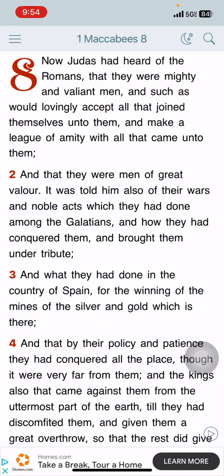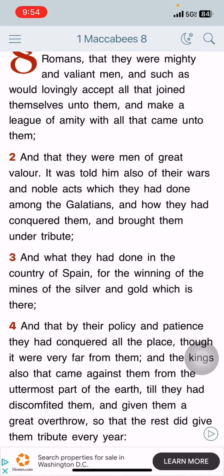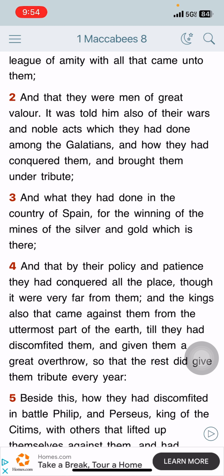It says, "Now Judas had heard of the Romans, that they were mighty and valiant men, and such as would lovingly accept all that joined themselves unto them, and make a league of amity with all that came unto them, and that they were men of great valor.